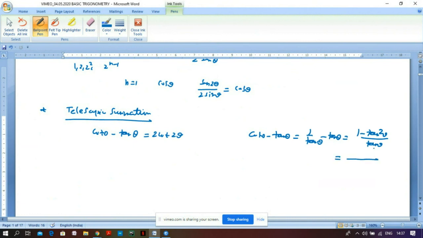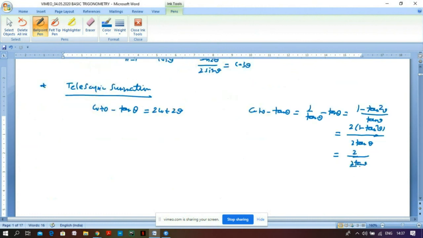Multiply both numerator and denominator by 2. That gives you 2 times (1 minus tan square theta) over 2 tan theta, which equals 2 upon 2 tan theta over 1 minus tan square theta. That is 2 over tan 2 theta, and that gives you twice cot 2 theta.